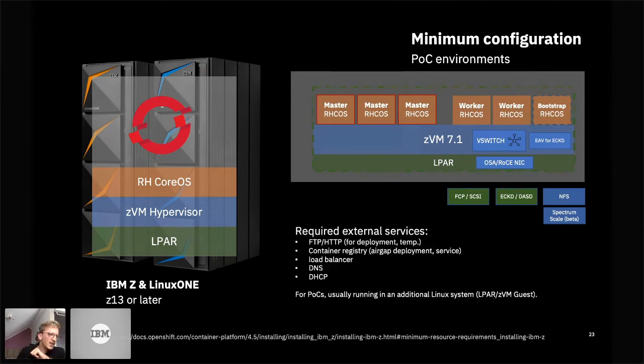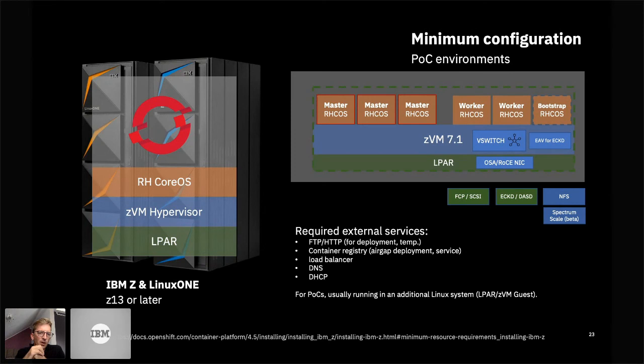One point is also that there are certain external services which are required for the cluster to operate. One of those things is the load balancer. With the minimum installation, OpenShift provides you with a software load balancer, so you get an HAProxy running in that kind of additional node which you will require.